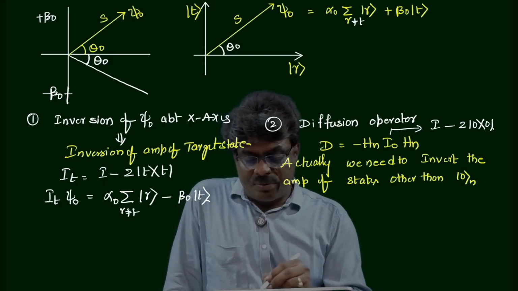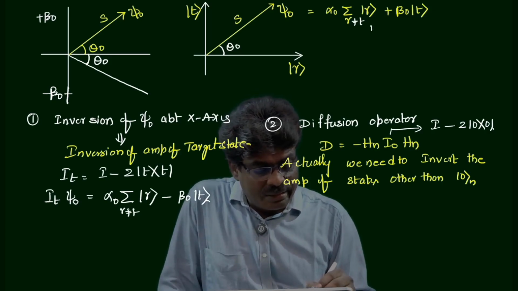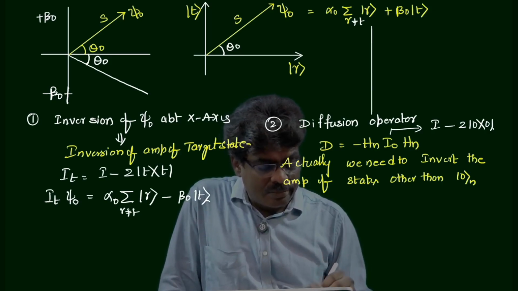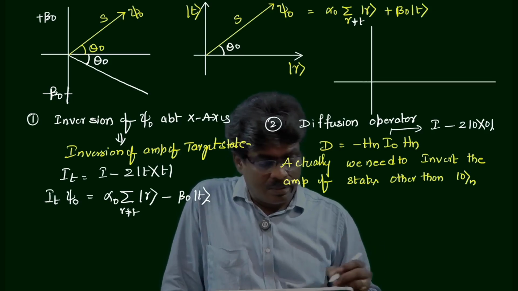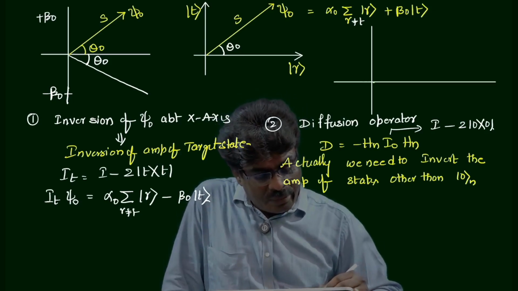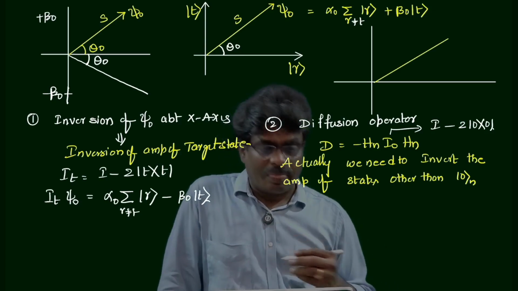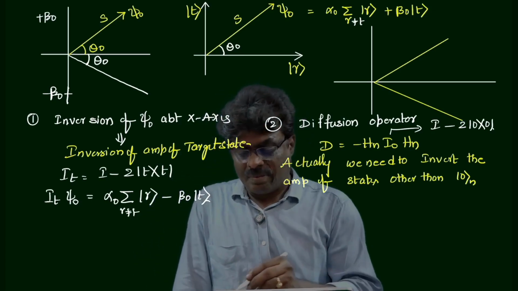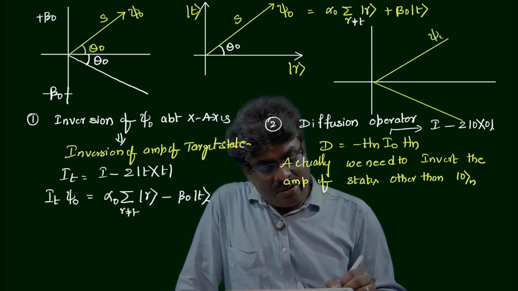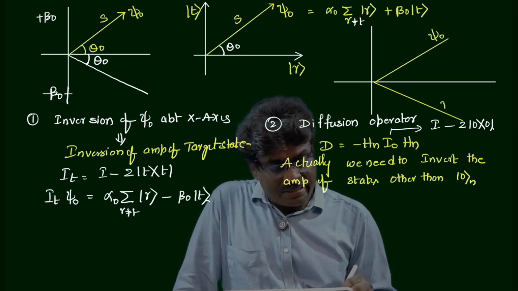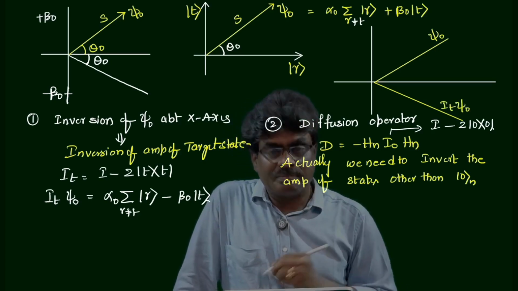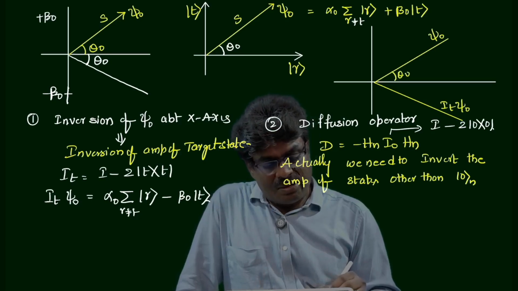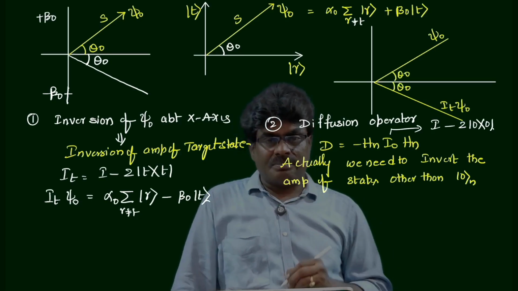For example, if you take this graph again, here we have the initial state, and after inversion our state becomes like this. I can take this as psi naught, and this as I_T psi naught, with this angle theta naught and here also theta naught.